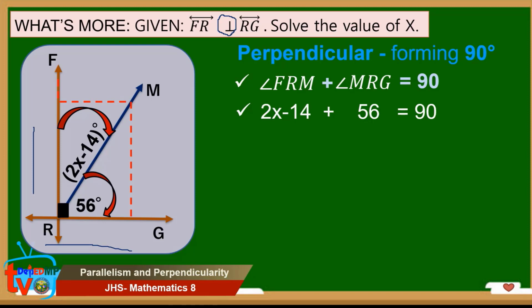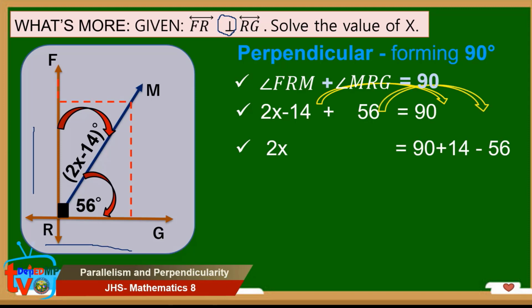What comes next? Correct. We simplify by collecting similar terms. This is done by transposing negative 14 and 56 to the right. Change the respective signs, then solve for x. What's the value of x?